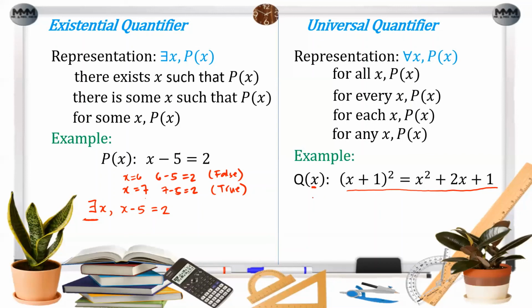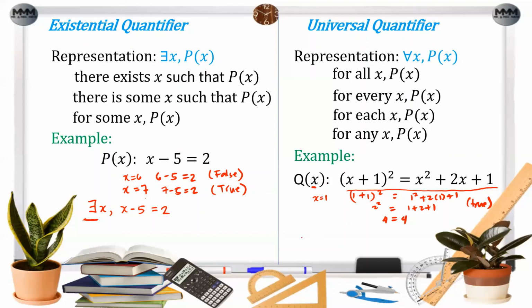Say, for example, when x is 1, we have the square of 1 plus 1 is equal to 1 squared plus 2 times 1 plus 1. So this is 2 squared, and then we have 1 plus 2 plus 1, which is 4, equal to 4. So it is true when x is 1. Then you can try another value for x, any value, and you will notice that this equation is always true for any value of x.